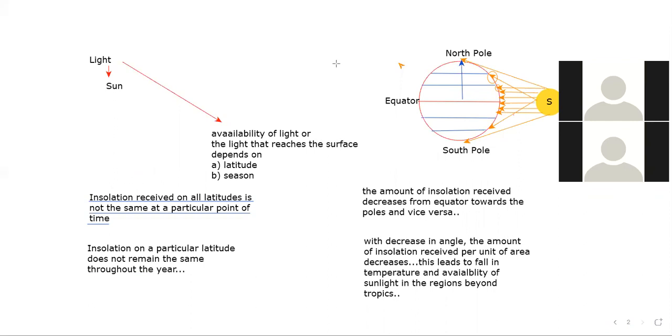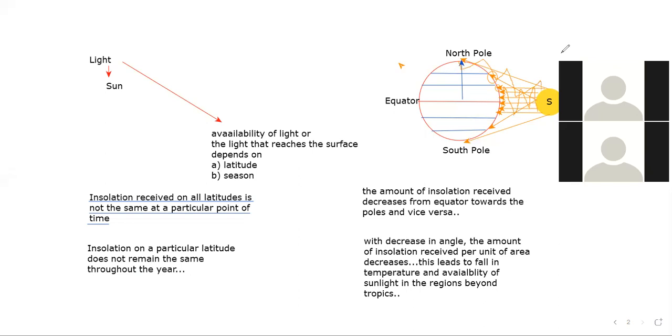That is one point, and the second point is that the sun rays coming from the sun to this particular region have to travel a lesser distance as compared to the sun rays moving towards this region. So this ray has to travel more distance, and this ray lesser distance.